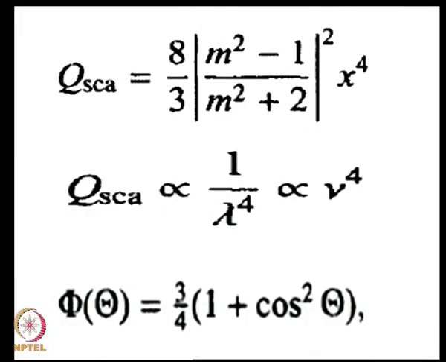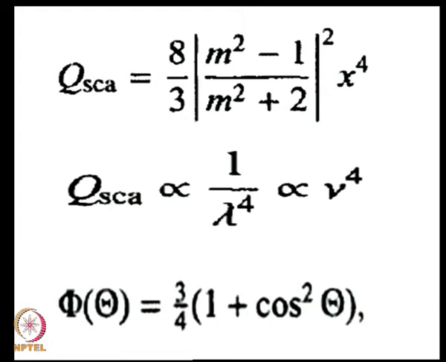Now, these quantities we are putting down are all calculated based on electromagnetic theory, which is well established for this purpose. And you see that for the Rayleigh limit, where the size of the particle is small compared to the wavelength, you can develop some analytical solutions. One of them, on the top, is the scattering efficiency, and you can see that it goes as 1 over lambda to the power of 4, which is the well known Rayleigh scattering formula.